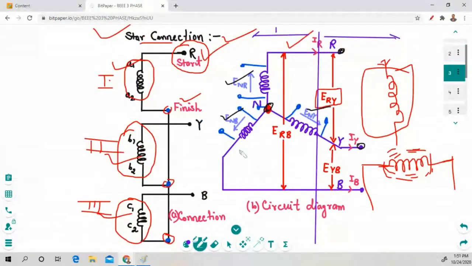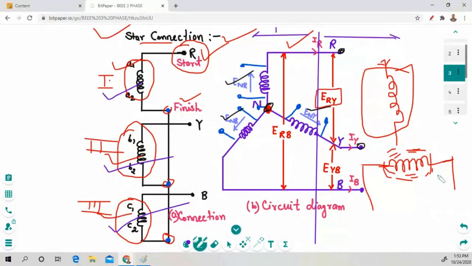Now in the last lecture we discussed star connections with the help of these three windings A1, A2, B1, B2 and C1, C2. We generated the first phase using A1, A2, the second phase by B1, B2, and the third phase by C1, C2. This is called a star connection, where the finish terminals are connected together.